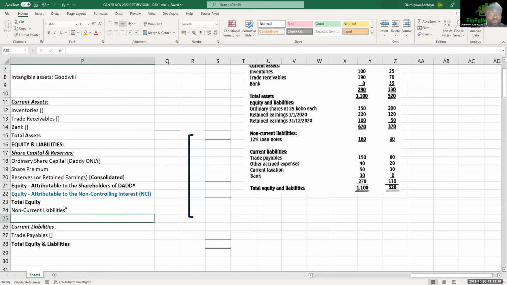I'll put the figure here first before the adjustment, 650 and 350. Investments, $160 and 0. Goodwill and others. The other, which we have before now, was 0 and 40.